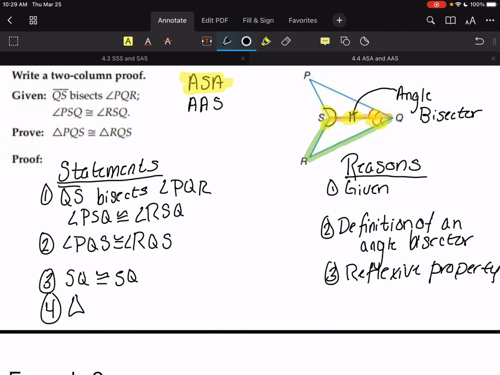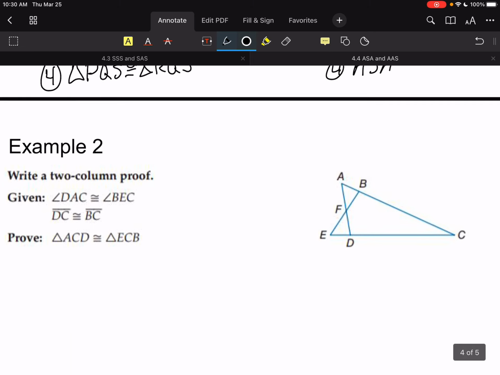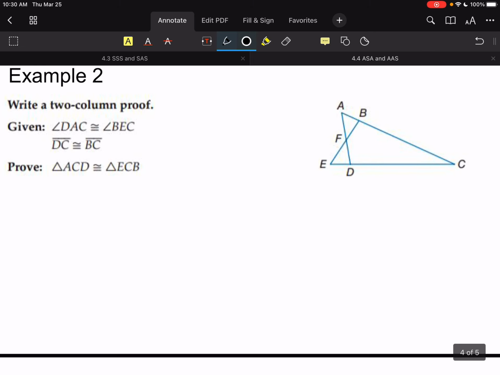So triangle PQS is congruent to triangle RQS, and that is because of angle, side, angle. So that was example number 1. Let's look at another one. Again, we're going to write a 2-column proof.